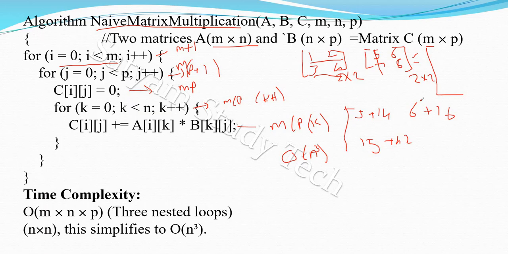Now you can see 3 into 6, that is 18, plus 4 into 8, 32. So these are the values.